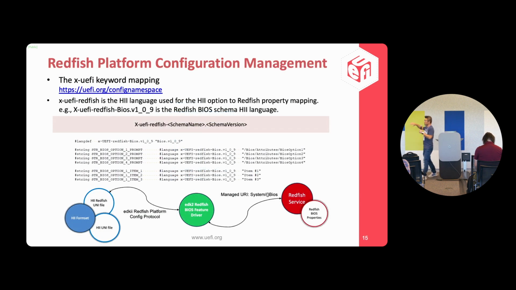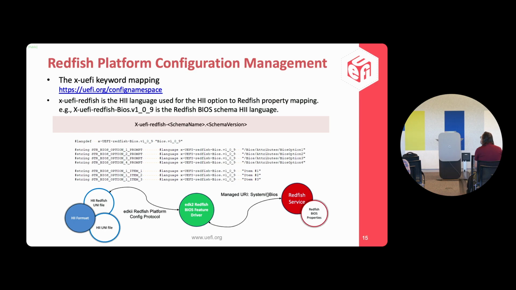So this is an example of how we map the Redfish UI with the HII. You can see here we use the X-UEFI configuration language. Here we use X-UEFI Redfish, the schema name, and the version.